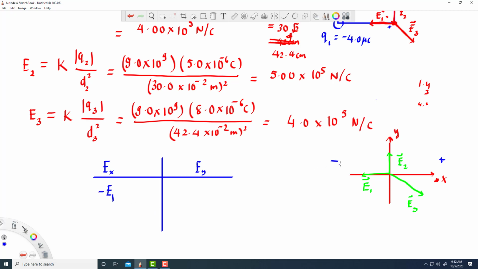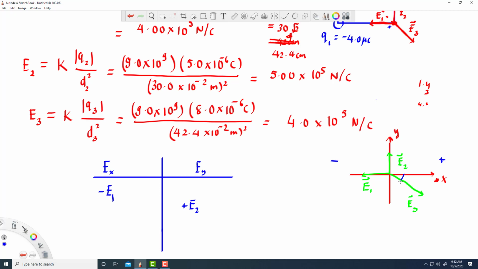E2 is all along y direction, and it's positive because it's along the positive y. Now we need to resolve E3 into x component and y component. E3 has both, and for that we need to know this angle to resolve it.